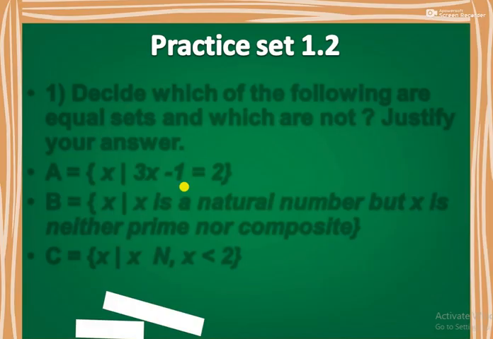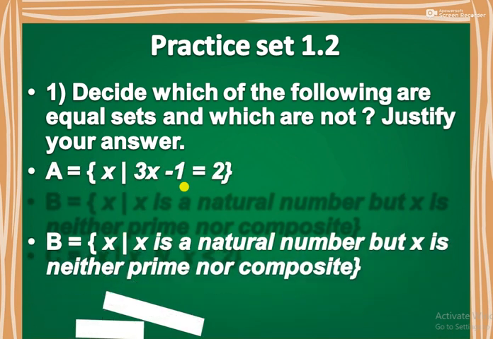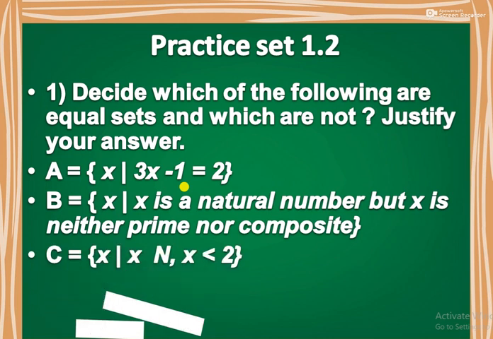So students, on the basis of this, let us start to solve practice set 1.2. In that, the first question is: decide which of the following are equal sets and which are not. Justify your answer. That means we have to check whether these sets are equal or not.